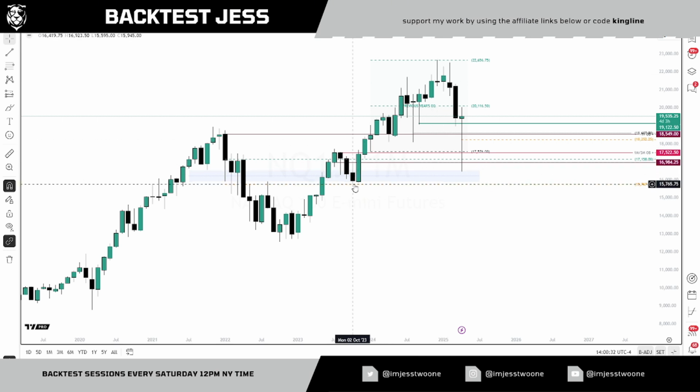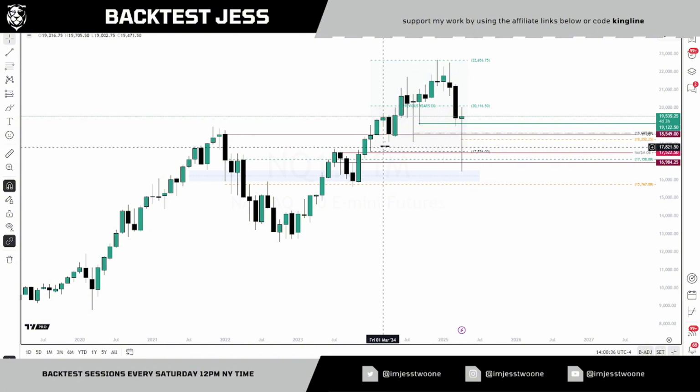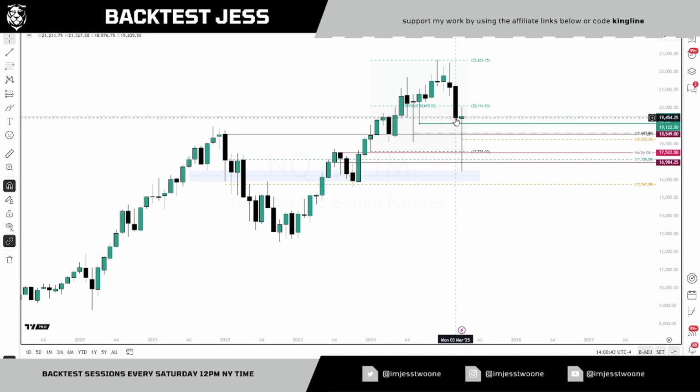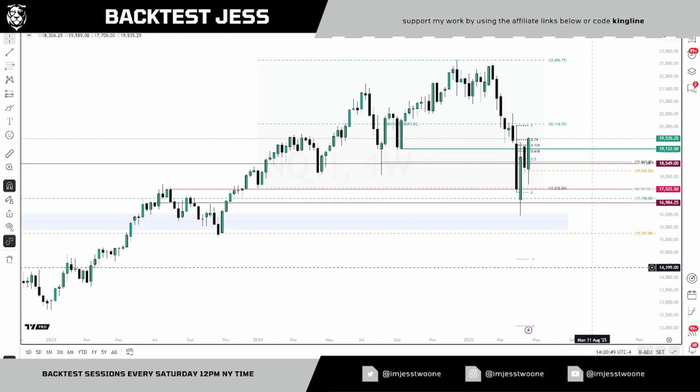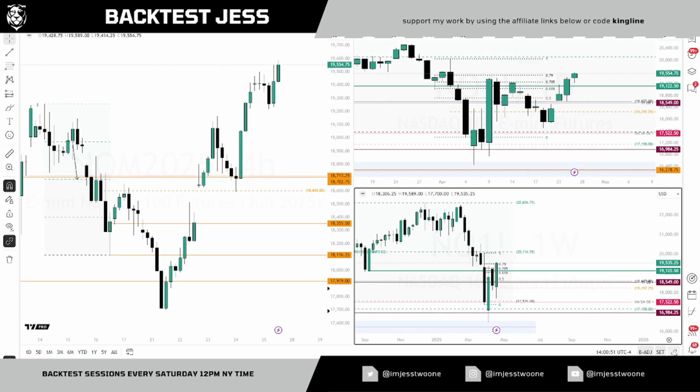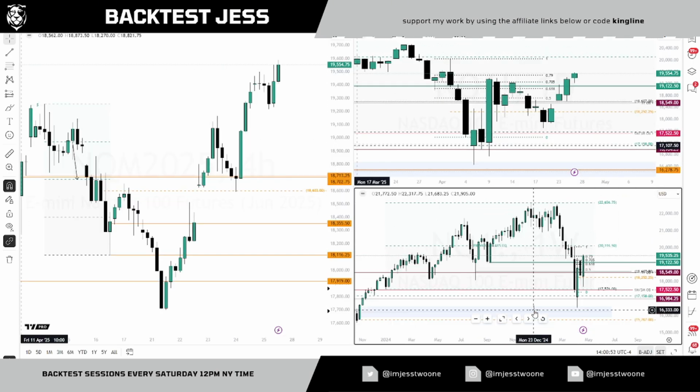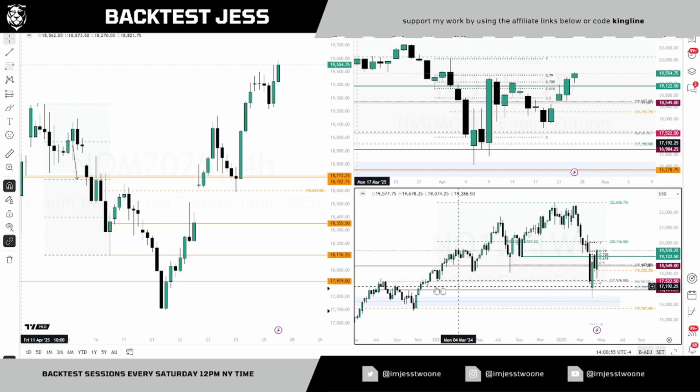So what we had marked out was 1, 2, 3. We were waiting for this sweep of 2 to finish, and it finally did finish. And we're back above order flow, so I think straight up into all-time highs. From here on out, I think this could be the low of the year, to be honest. But we called this out many moons ago, and now it's finally coming into fruition.